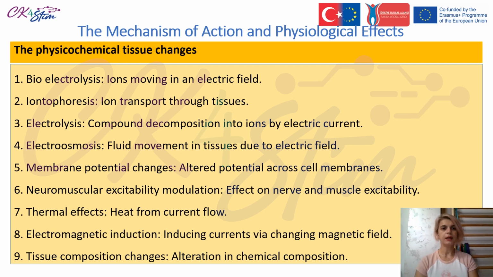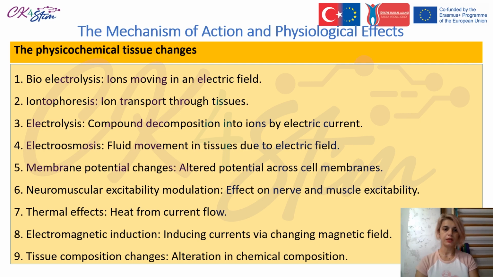For the bioelectrolysis, ions are moving in an electric field. Ionophoresis is the ion transport through the tissue. Electrolysis decomposes compounds into ions by the electric current. Electroosmosis is the fluid movement in tissue due to the electric field. For the membrane potential changes, it alters the potential across cell membranes.